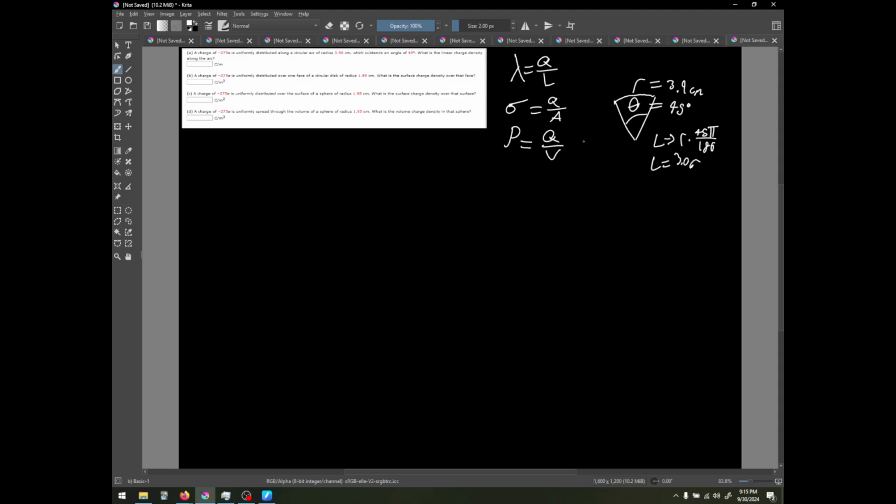Yes, I was right, but I want to convert the R into meters. It's gonna be 0.03. Okay, so now we have L.